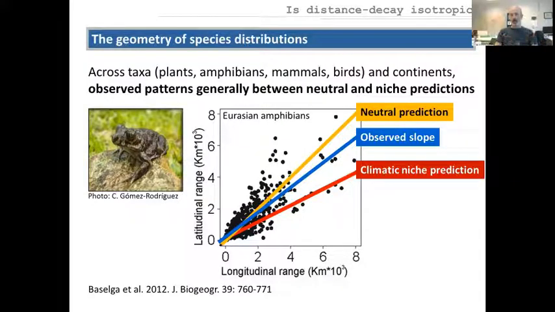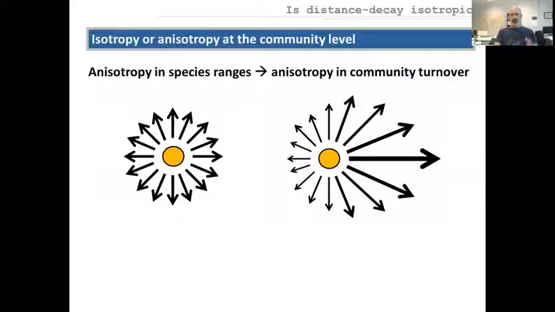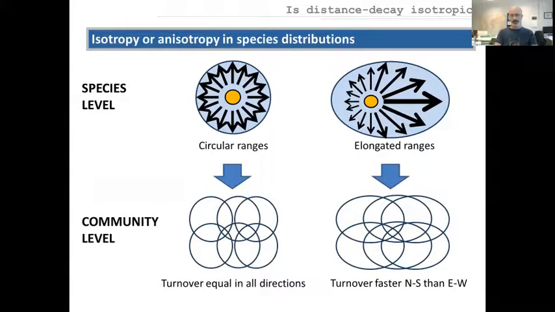Why is this relevant for turnover? It's just that we observe some levels of anisotropy at the species level, and this has to have consequences at the community level. Why? Because if species ranges are elongated in a specific direction, turnover will be faster in the other direction. So the anisotropy of species ranges would produce anisotropy in community turnover.